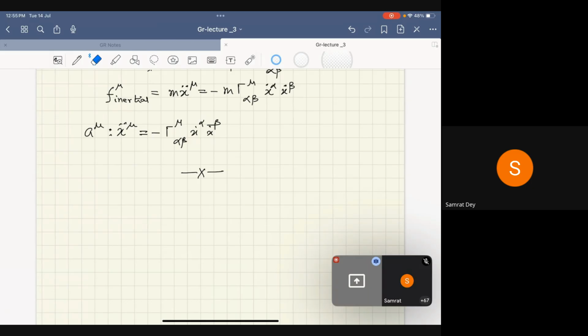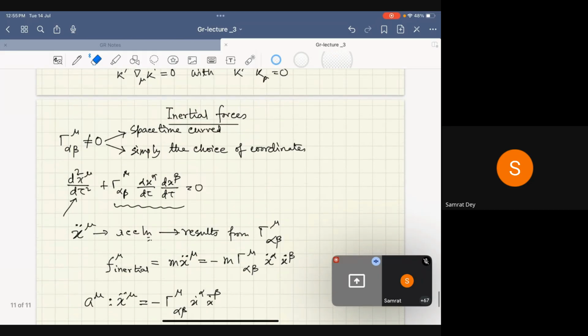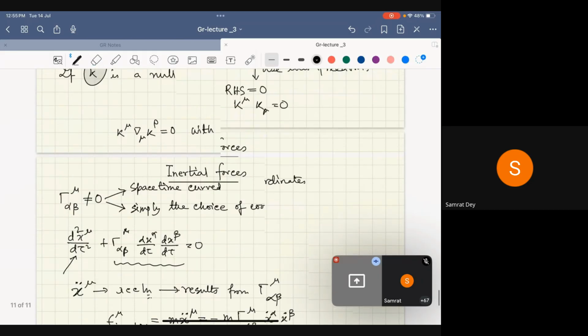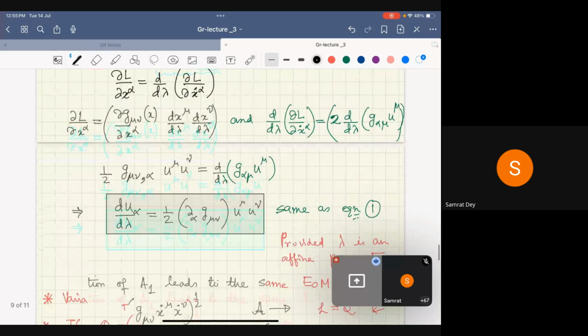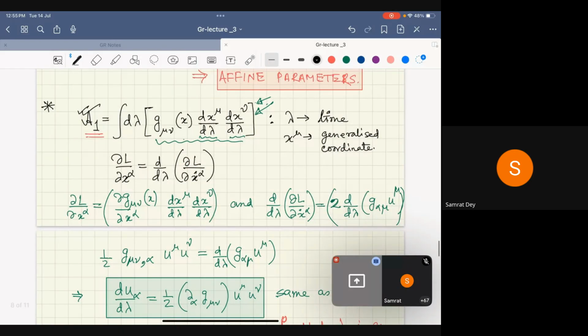But in the tutorial I think Bhashwati will probably discuss the calculation of the Christoffel symbols from the geodesic equation. Why is this important? Because if you give me a metric, then the methodology that I have described here is going to give you the Lagrangian in terms of the ds square.